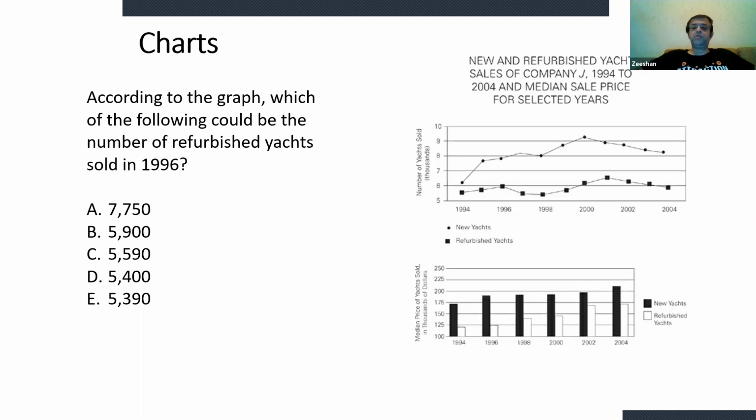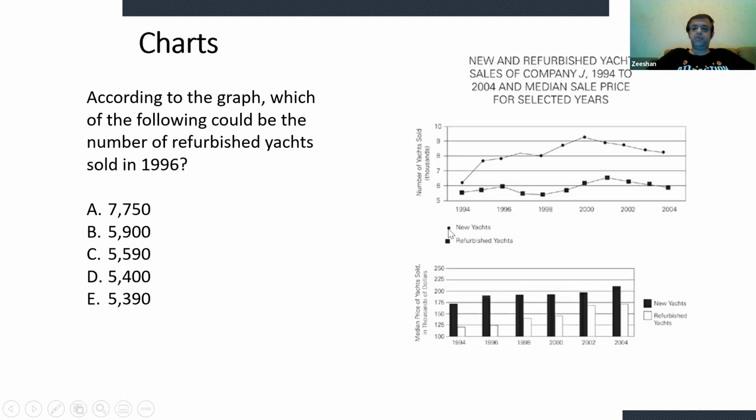So the topmost chart is yacht sales, and the chart at the bottom is for the median sale price. So this is one thing that we know. Now another thing that we see in the legend is these two, circle and square.